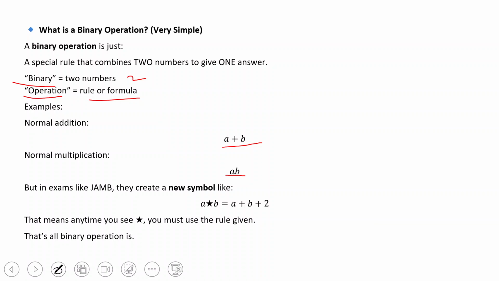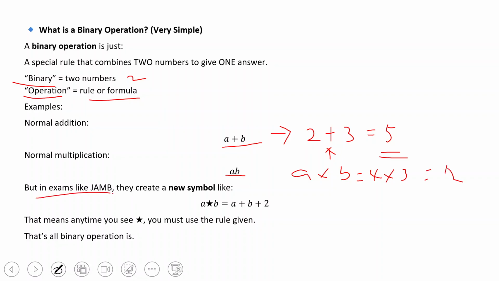An application of a plus b can be 2 plus 3, and you know that 2 plus 3 is 5. So these two numbers are the numbers that are being operated upon by addition to give this single result. At the same time, a times b can be 4 times 3, so I can have 12.